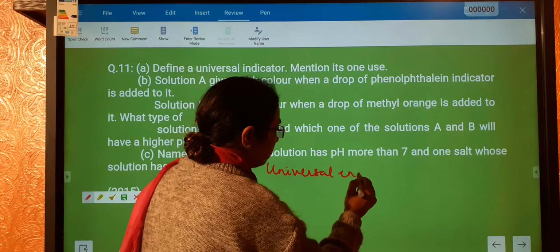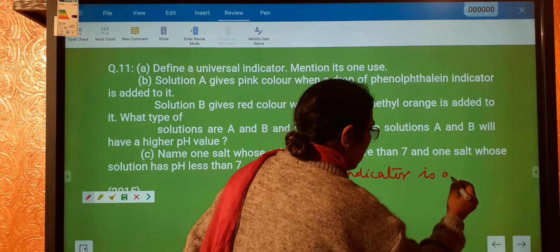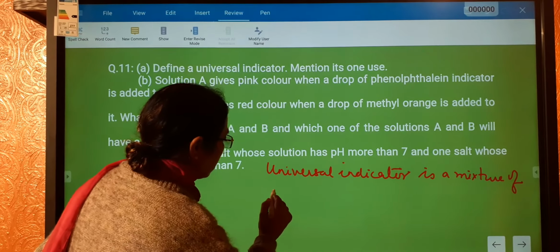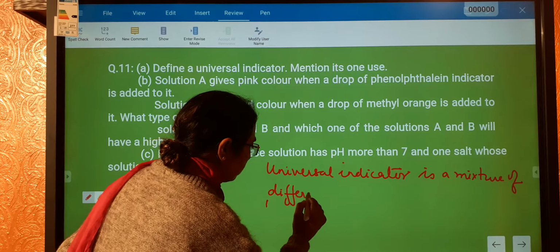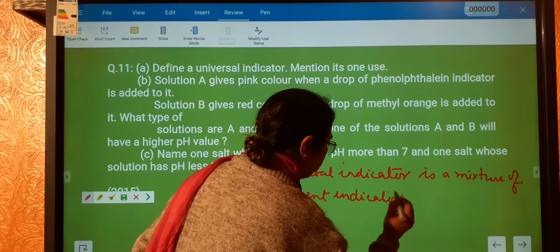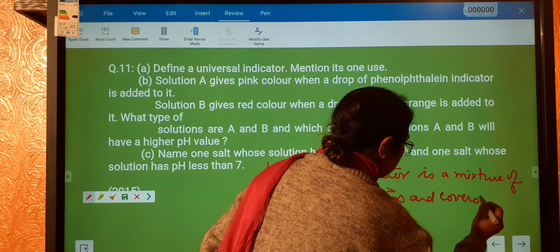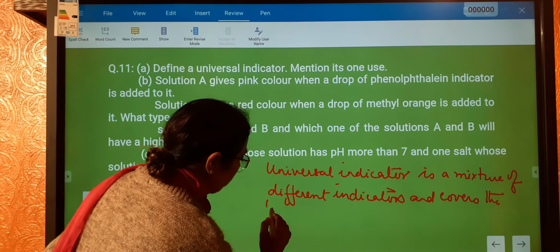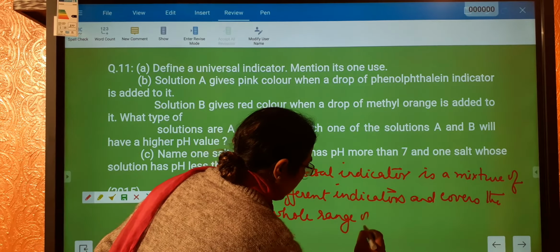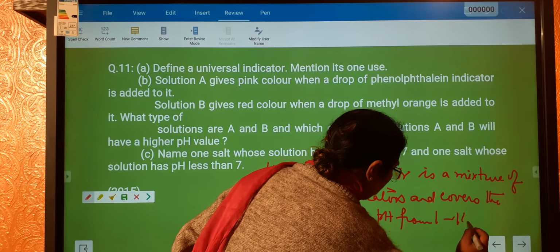Universal indicator is a mixture of different indicators and covers the whole range of pH, from 1 to 14.